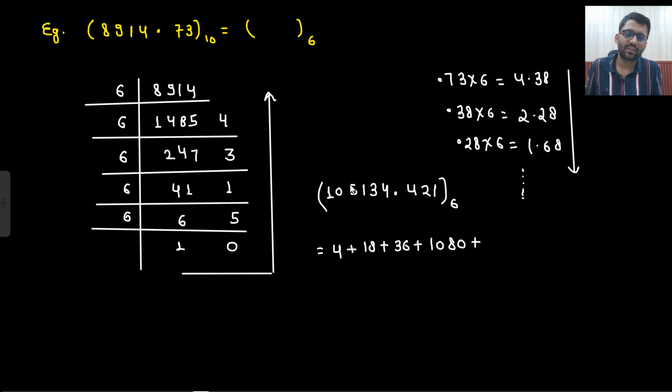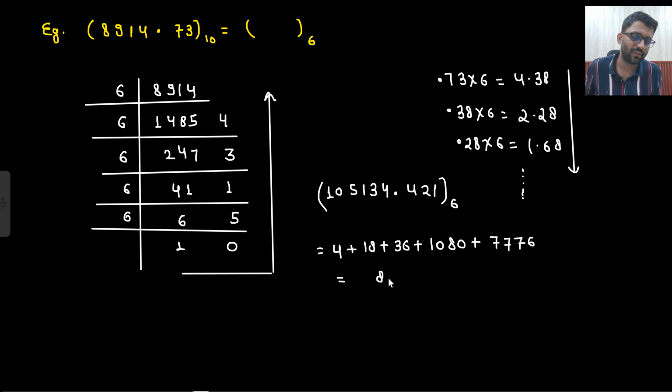Plus 6 to the power 5, so 6 to the power 5 would be 7776. If you add all these, 7776 plus 1080 plus 58, you are getting 8194.